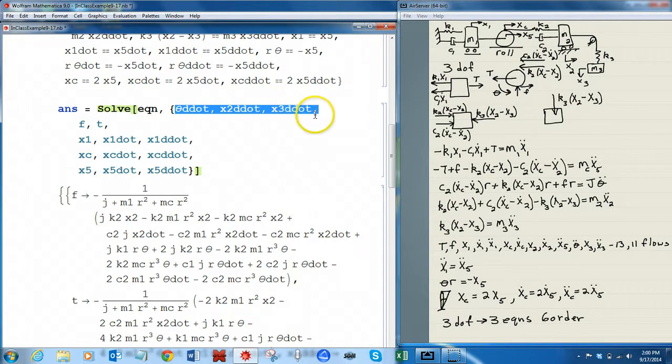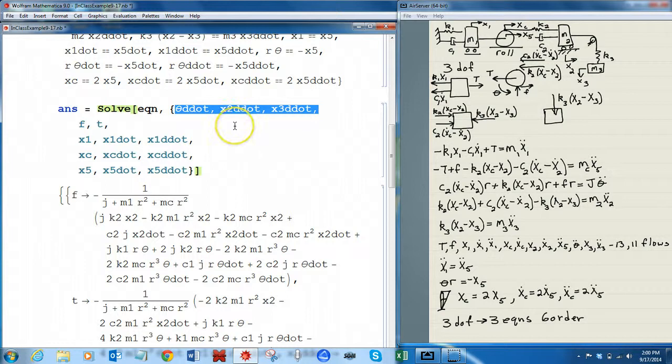So the first thing I do is I say I would like it to find the equations for theta double dot, x2 double dot, and x3 double dot. And those will be my 3 equations, and all 3 will have double dots in them. Now, since there are 14 equations, I have to list 14 things to solve for. So here I've got 3.